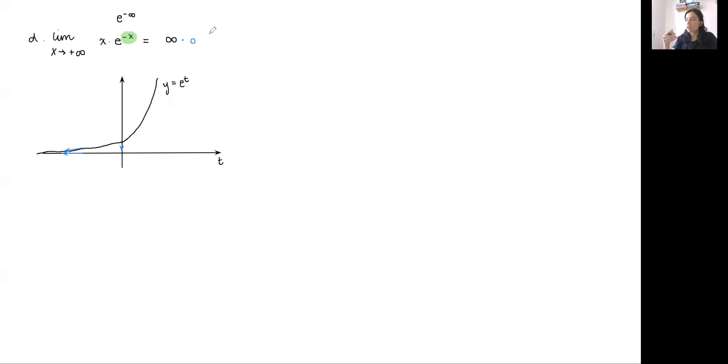I'll have a numerator and a denominator, and I'll be able to differentiate each one of them. So I'm going to rewrite this limit as the limit when x goes to plus infinity of x over e to the x, because this was e to the minus x.